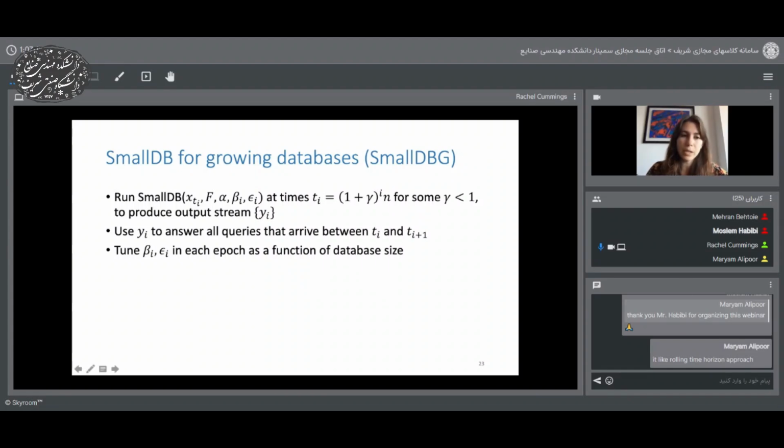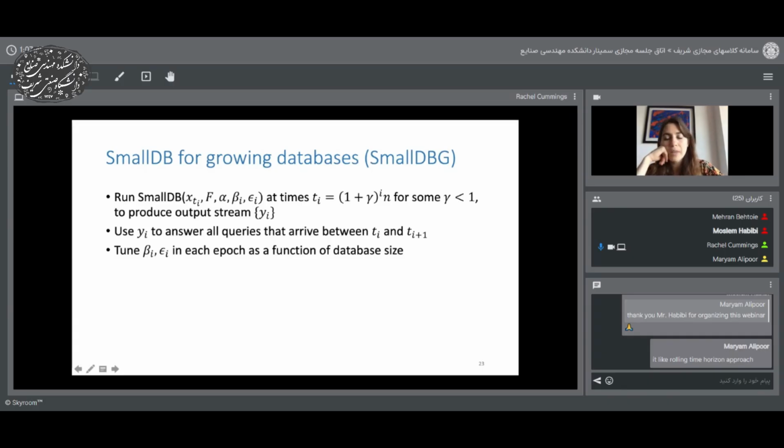How this works is we run small db with certain parameters at a time t_i, on my current database and my query class, with an alpha_i, beta_i, epsilon_i. Recall these are tuned to make sure that I can sum everything up to something finite.